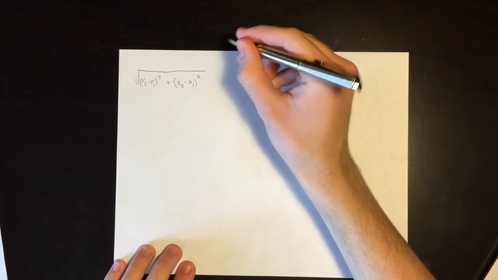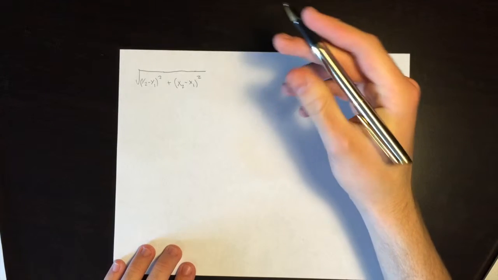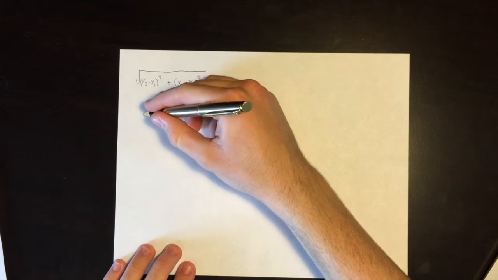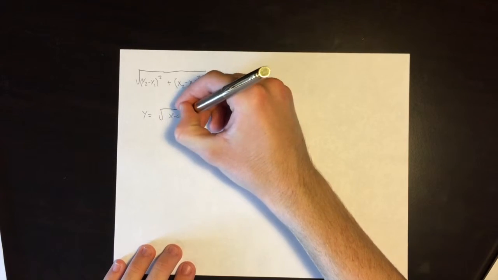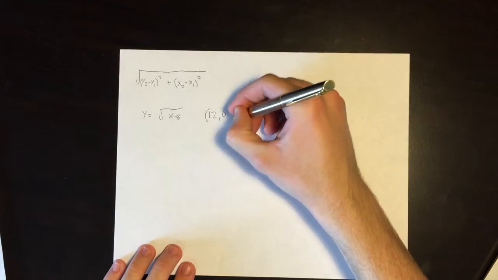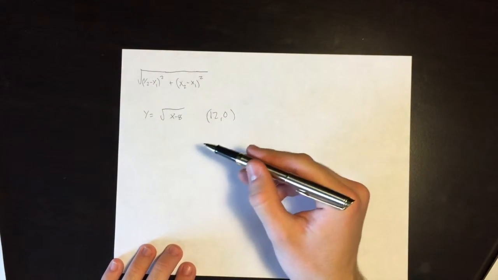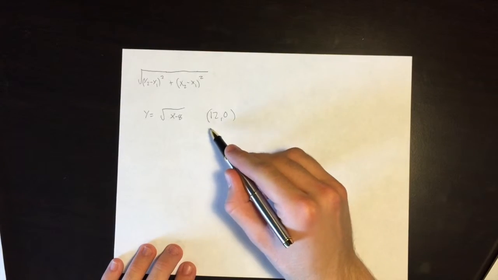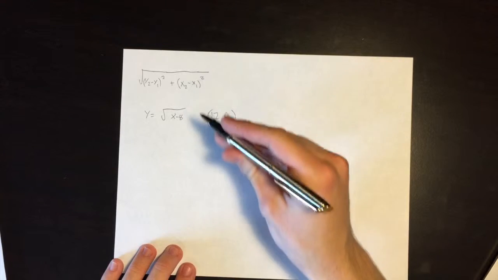This is just a version of the Pythagorean theorem, and it will help us optimize the distance between the graph and a point. For instance, if we have a graph y equals root x minus 8, and we have a point 12, 0, and we want to find the point on the y equals root x minus 8 graph that is closest to the 12, 0 point, we can plug that into this equation.